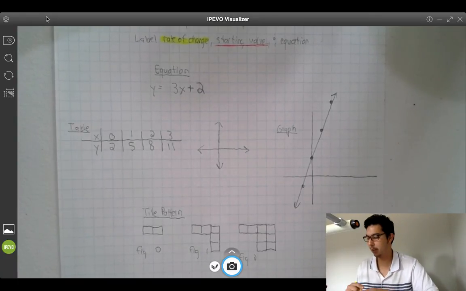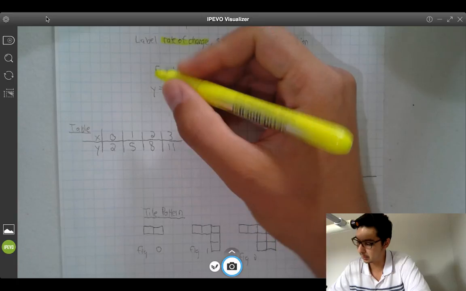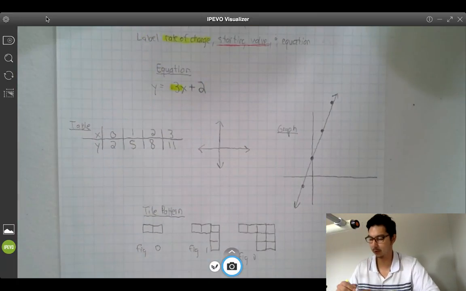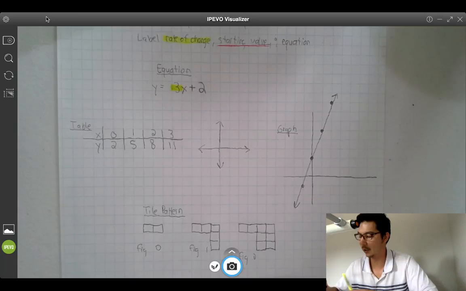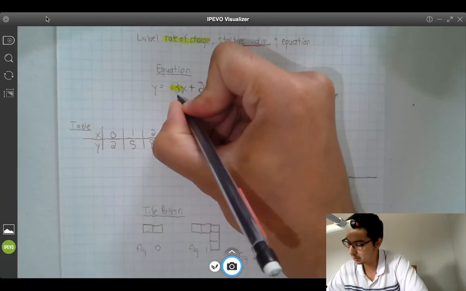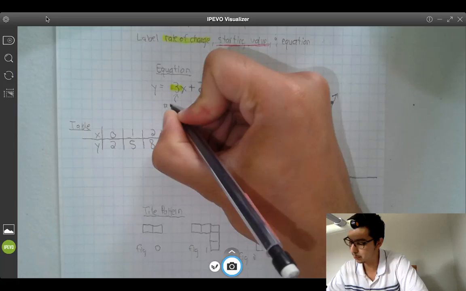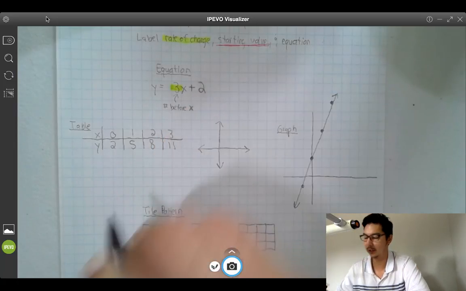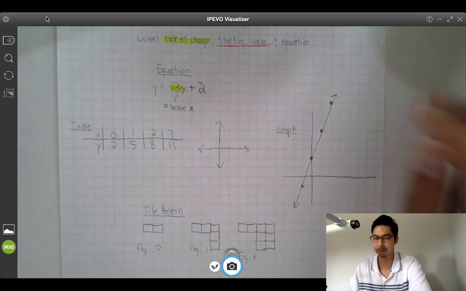So given an equation, y equals 3x plus 2, remember that the rate of change is always the number before the x. So you can see here that this is saying it's changing by 3.